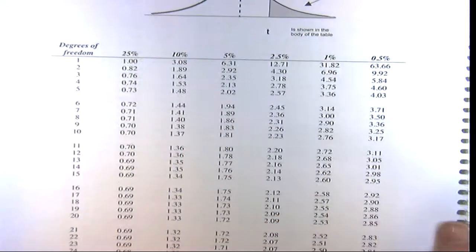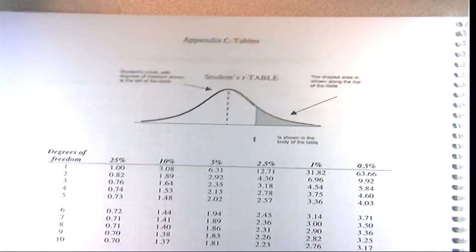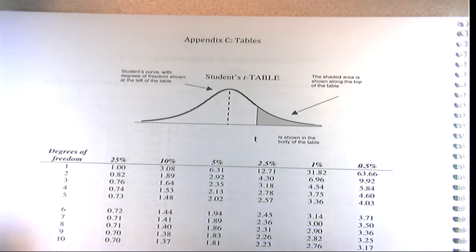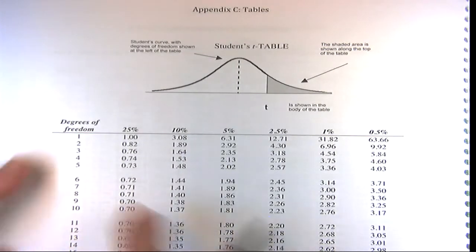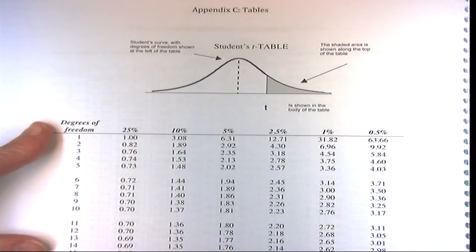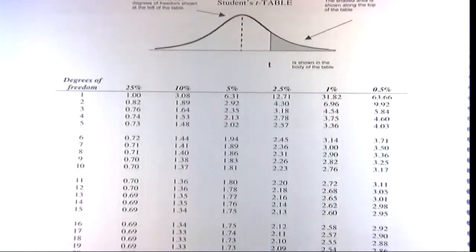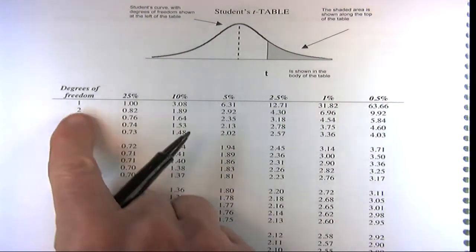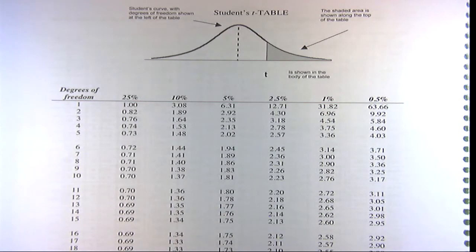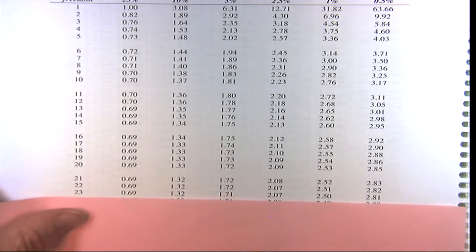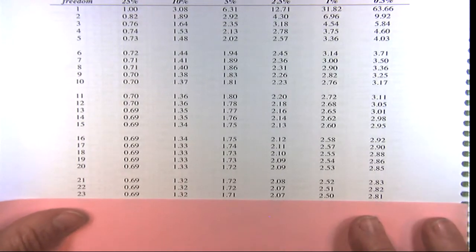So let's look at it here for a moment. Now, first off, as you see, there's these degrees of freedom, and for each degrees of freedom, there's a different curve that gets, as you get bigger, more and more like the normal curve. So now we're going to look only at the line for our degrees of freedom, which is 23, way down at the bottom. So this is the relevant line, the one I copied.